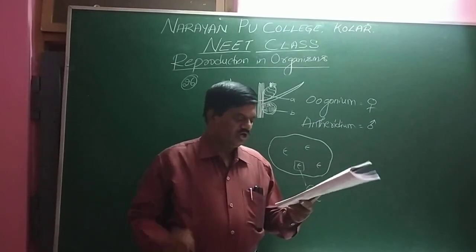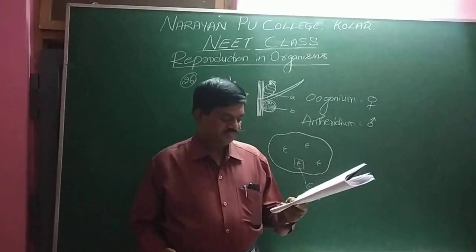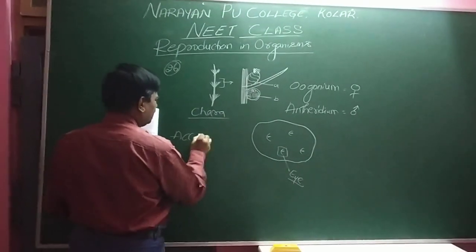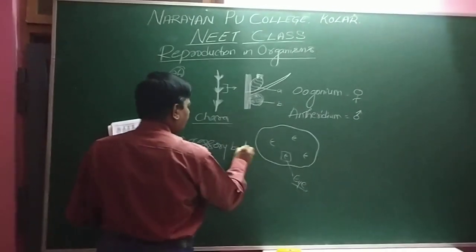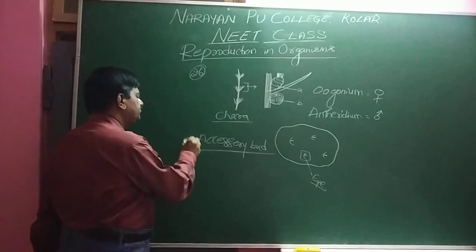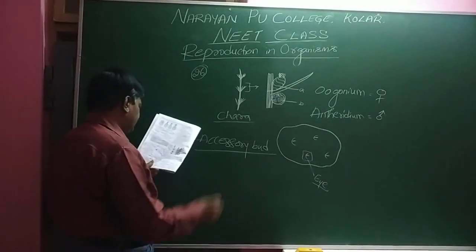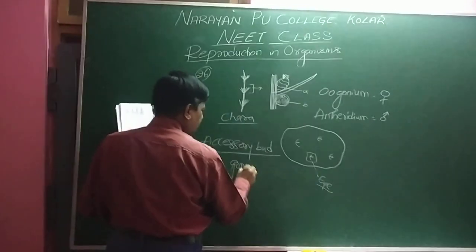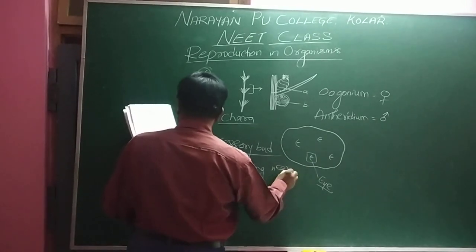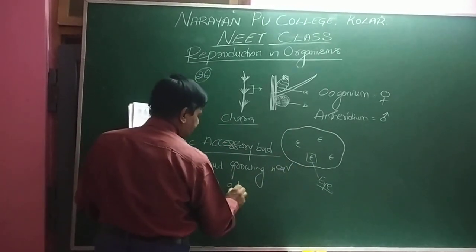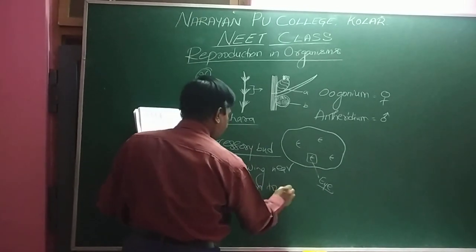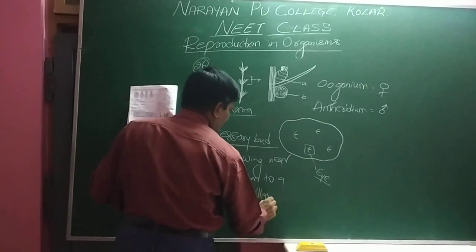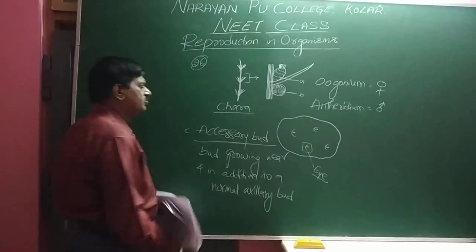We'll go for the third option, accessory bud. The meaning of this: the third option, accessory bud, is nothing but a bud growing near and in addition to a normal axillary bud.